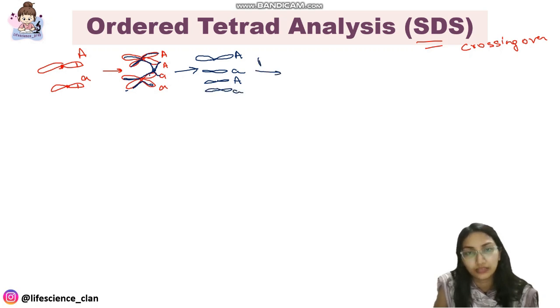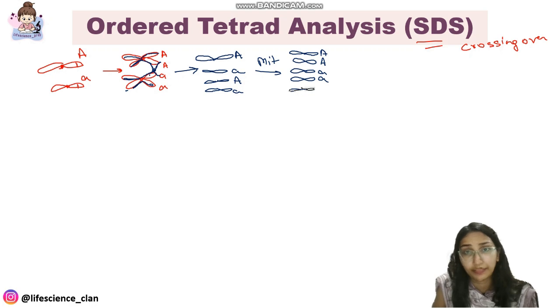After your mitosis, this is going to duplicate and your first capital A is going to give you 2 copies. So you'll have 2 copies of capital A, 2 copies of small a, again 2 copies of capital A and 2 copies of small a.